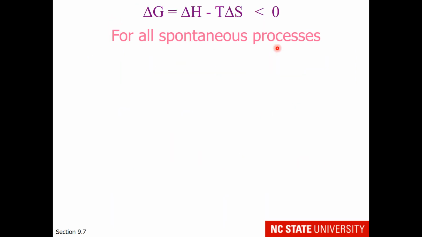So for all spontaneous processes, enthalpy change minus temperature times entropy change is less than 0. So now you can see how these two variables, enthalpy and entropy, interact. Entropy can be dialed up or dialed down depending on the temperature at which this change is occurring.